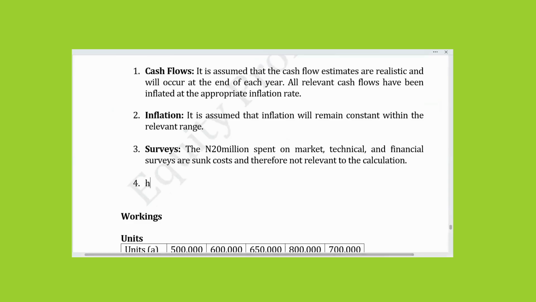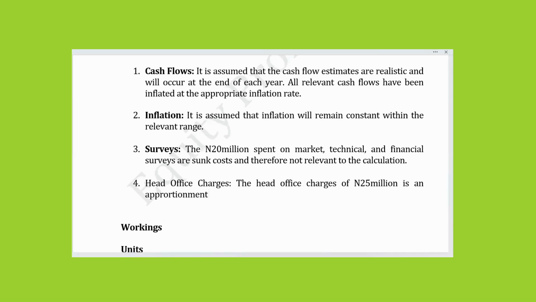Number 4, head office charges. The head office charges of 25 million naira is an apportionment and therefore not relevant to the calculation.